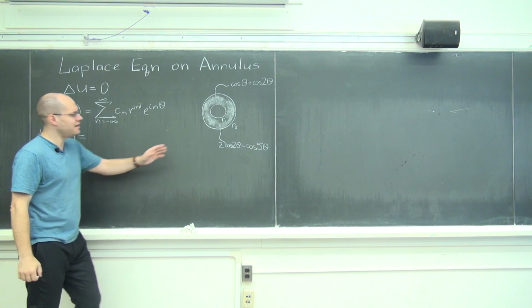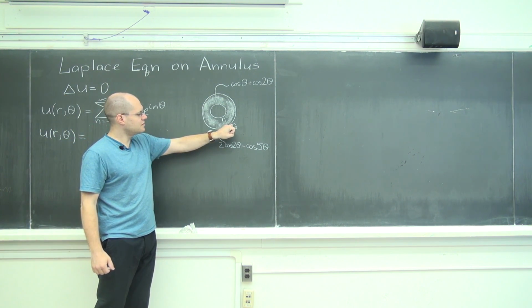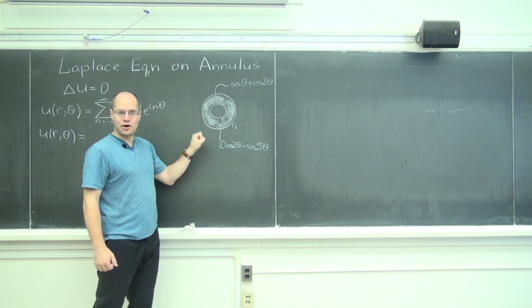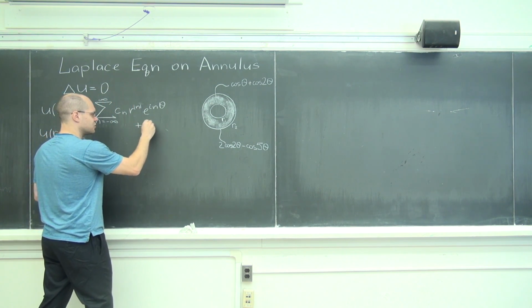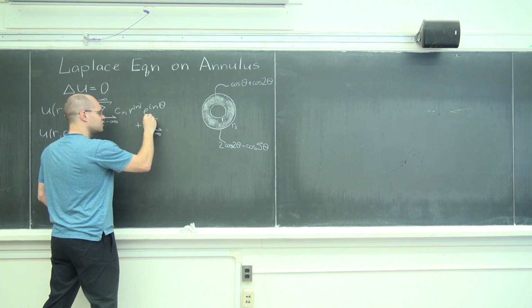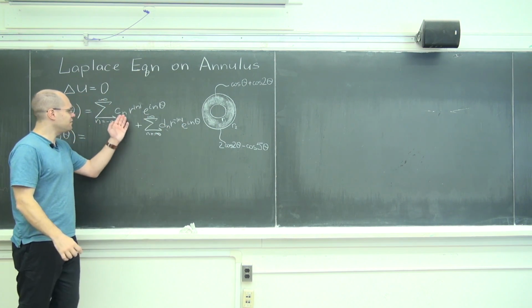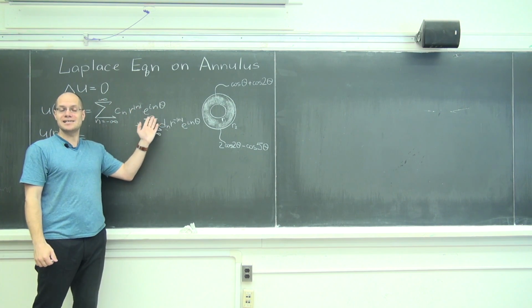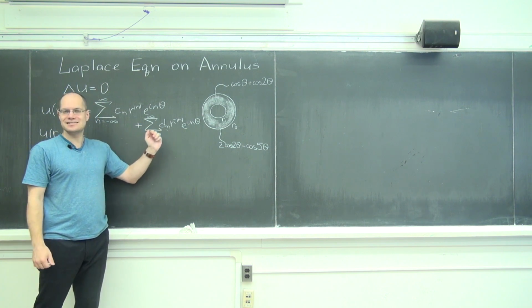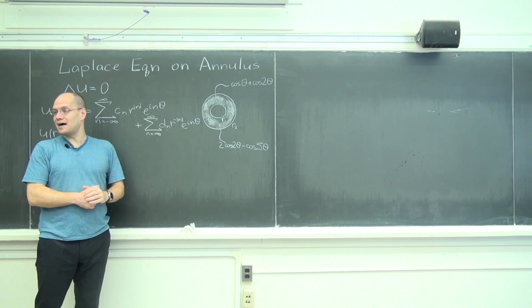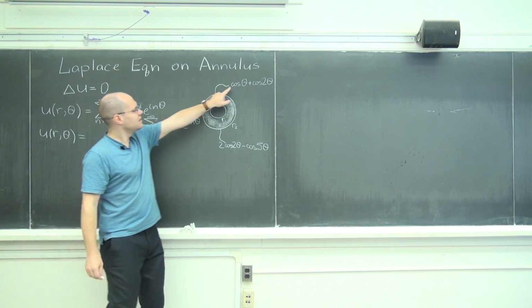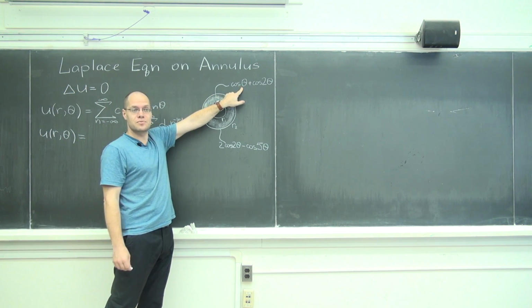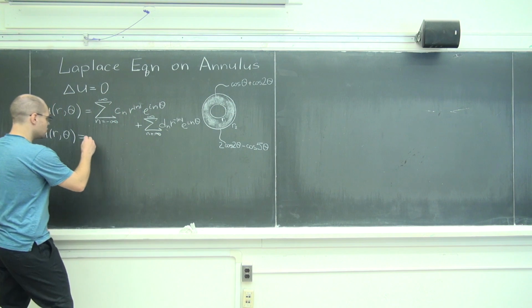So to satisfy the outer part, well, let me add one term, the other term, which will look like this. So we have our C's having to do with the positive powers and D's having to do with the negative powers. So here's what we're going to have here. I'll just call it C1 because it's 1 theta.